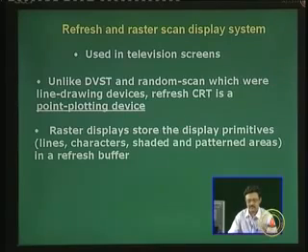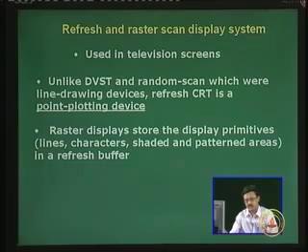The next point is that raster displays store the display primitives in a refresh buffer. We talked about a refresh buffer in the random scan system, which had a display list or a display program that had to be cycled at a certain rate, but in that case it essentially contained lines. In this case it stores display primitives like lines, characters, shaded and patterned areas.